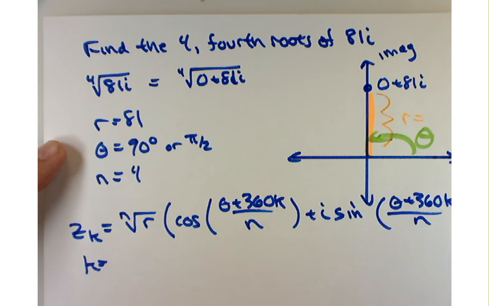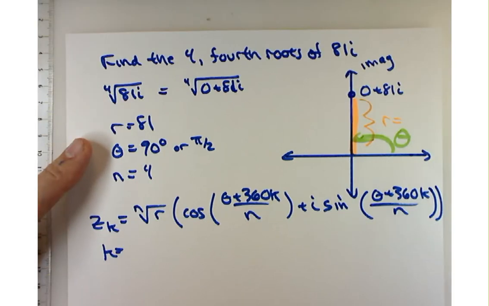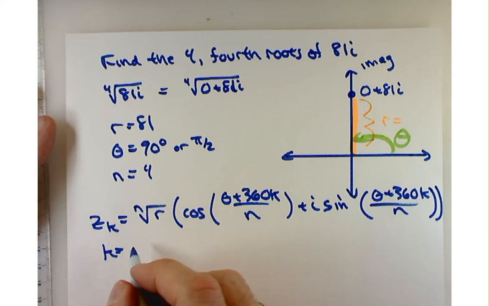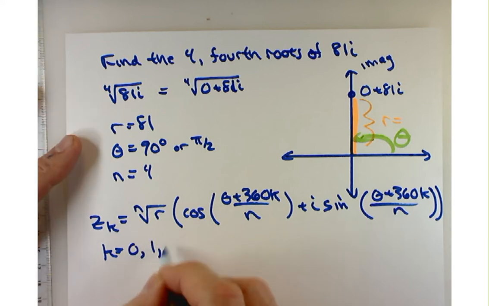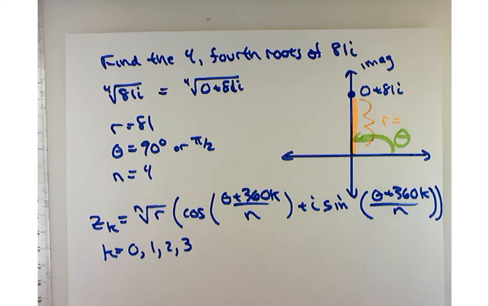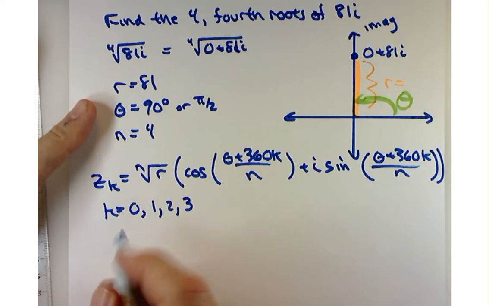What values of k should I run through? Zero, 1, 2, and up to n minus 1, which is 3. Perfect, thank you. Let's fill in some things here.